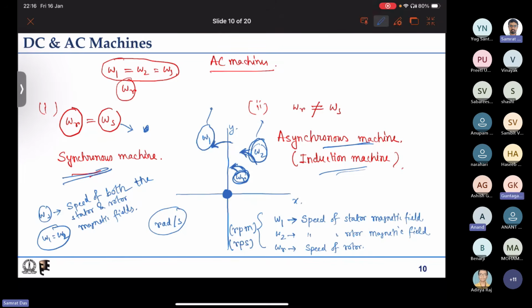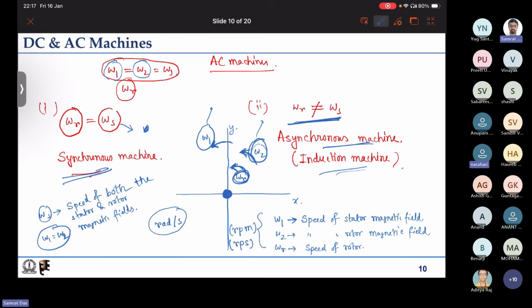In the case of induction machines, the slip speed will be the difference. Omega r is not equal to omega s, so the slip speed difference will be there. The rotor speed is not the same as omega s. Omega s is basically omega 1 and omega 2, both equal.